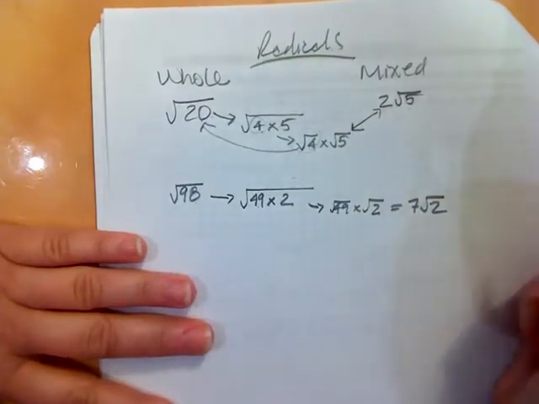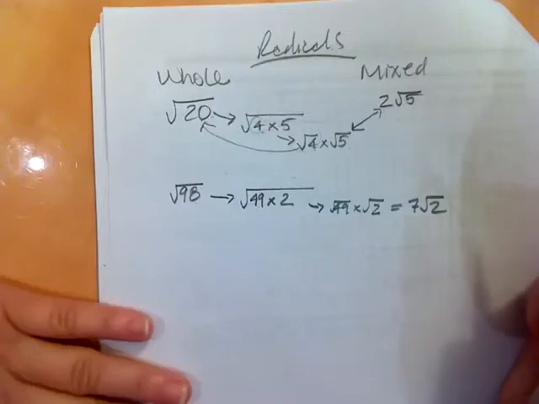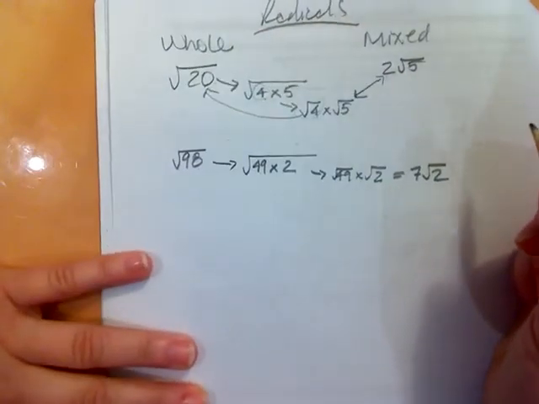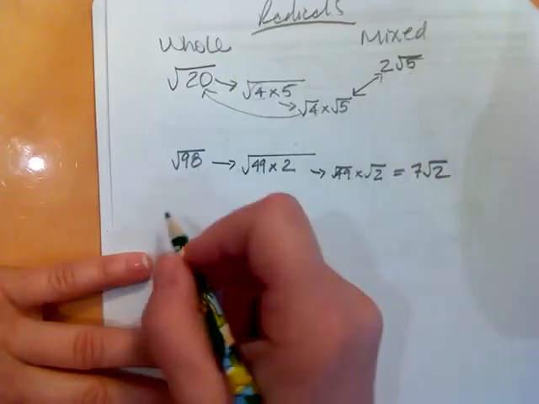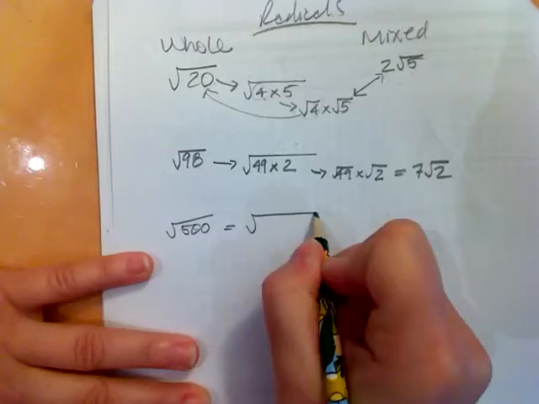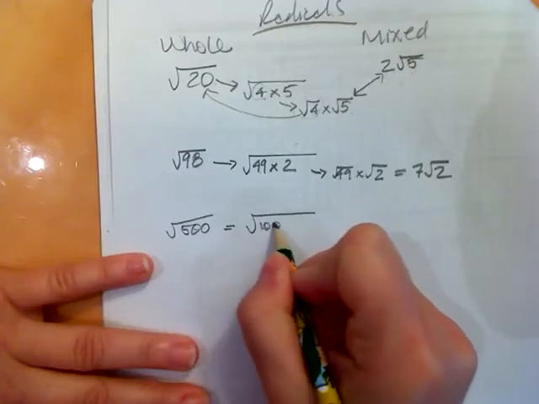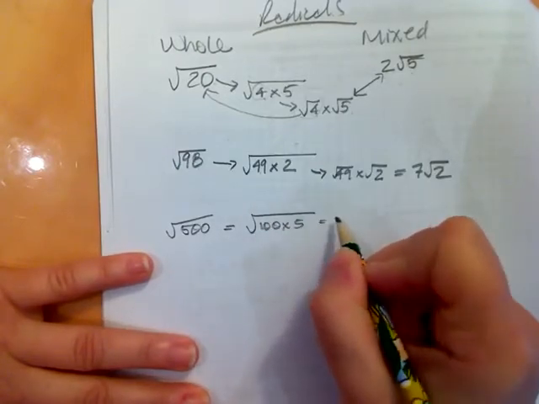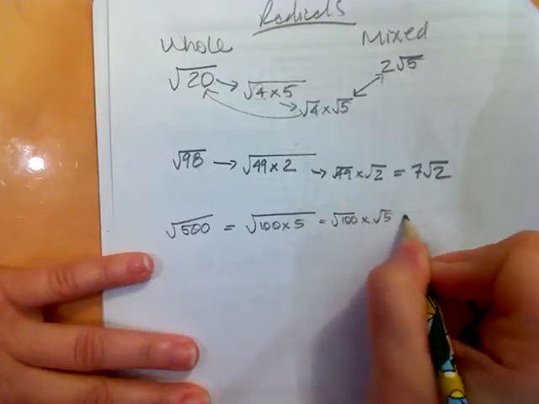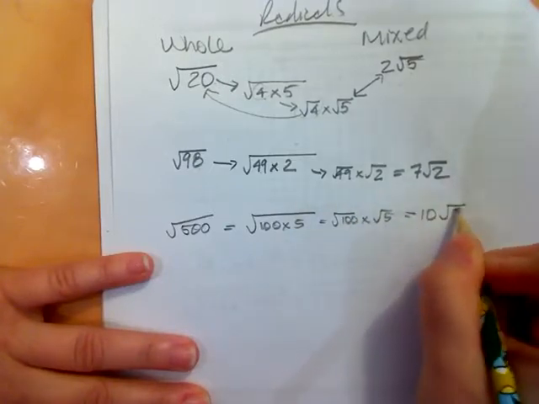Okay? You can do this with any number. You can do this with, I don't know, root 500. So root 500 is, of course, 100 times 5, and the root of 100 times the root of 5 is 10 root 5.